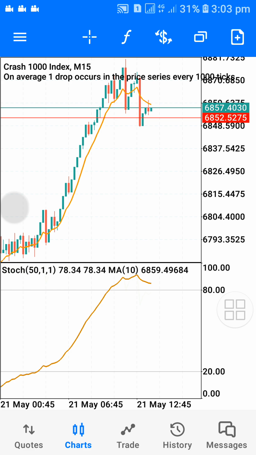You need to know all of this, and if you're lacking the knowledge, you should call for mentorship so you can be guided on how to trade successfully, from support and resistance, and also price action. If you're dealing with synthetics, you need to know price action, because price action is key here.